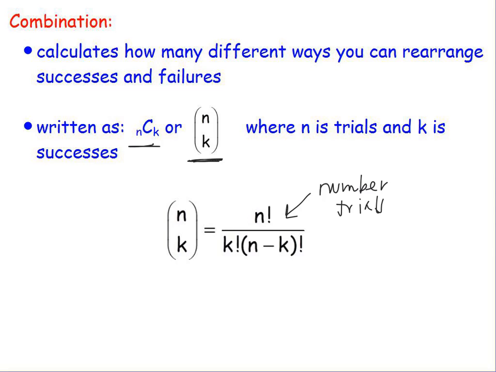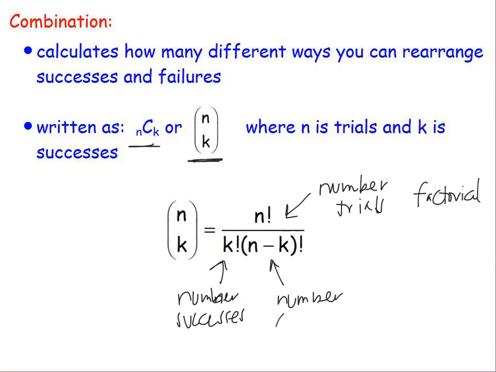Well, the exclamation point is what we call a factorial. K down here is the number of successes. And if we take the number of trials minus the number of successes, this just represents the number of failures.